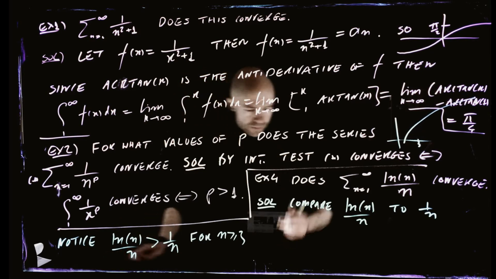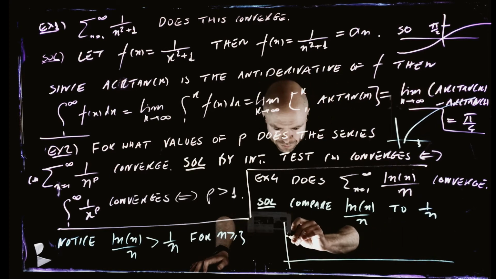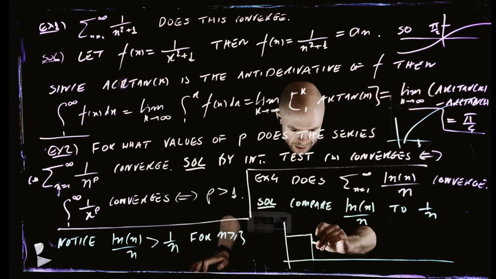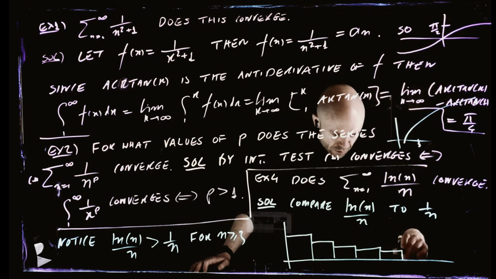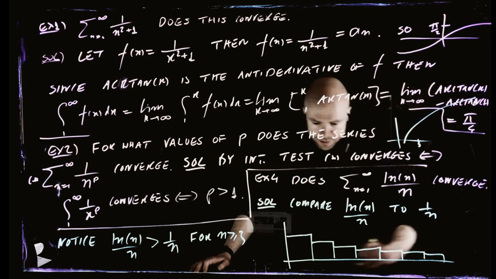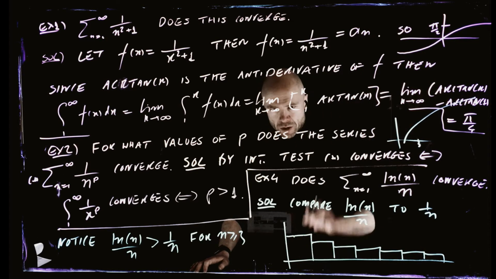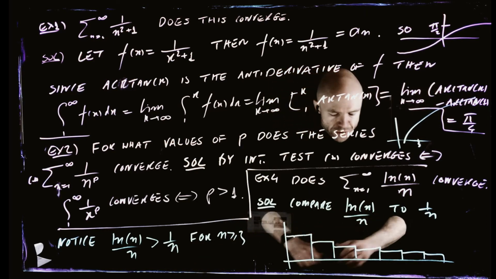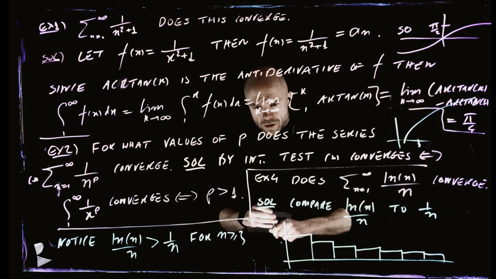Let's visualize it. This collection of blocks is our series, where the height of each block is given by log n over n. Now, if I was going to draw on this picture the series given by 1 over n, what would I be drawing here?